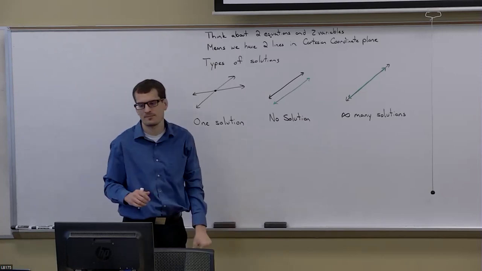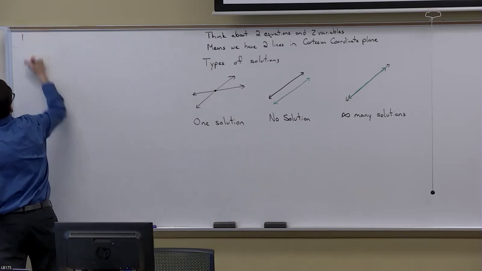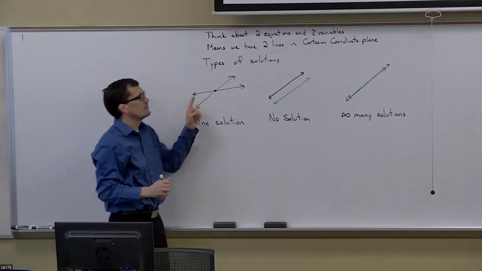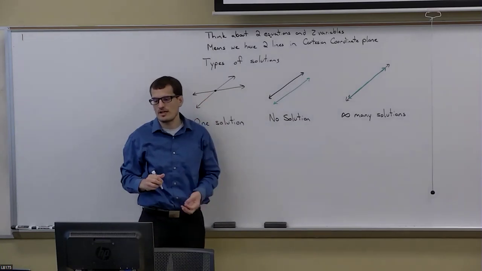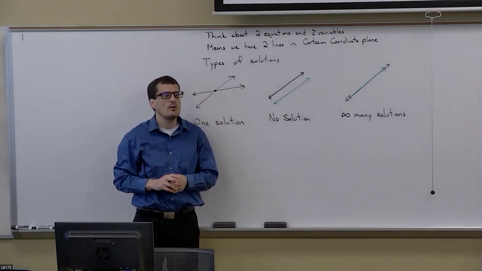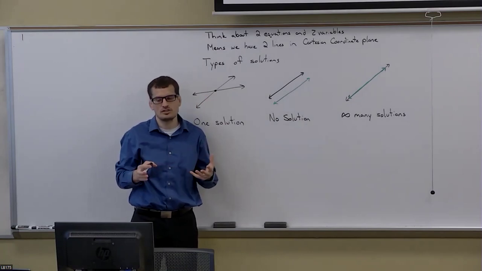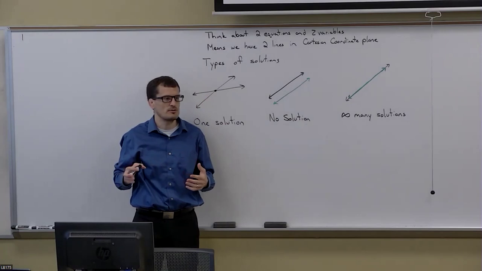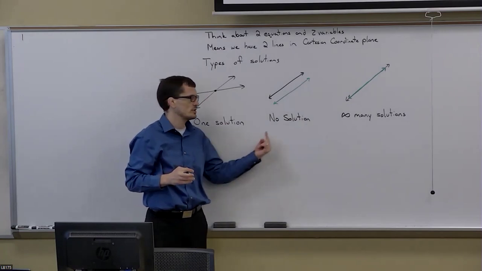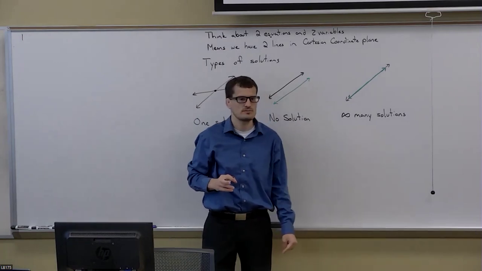All right. So this is the two equations and two variables case, all right? But the same is going to be true for any number of equations and any number of variables. We're either going to have one solution, no solutions, or infinitely many solutions.